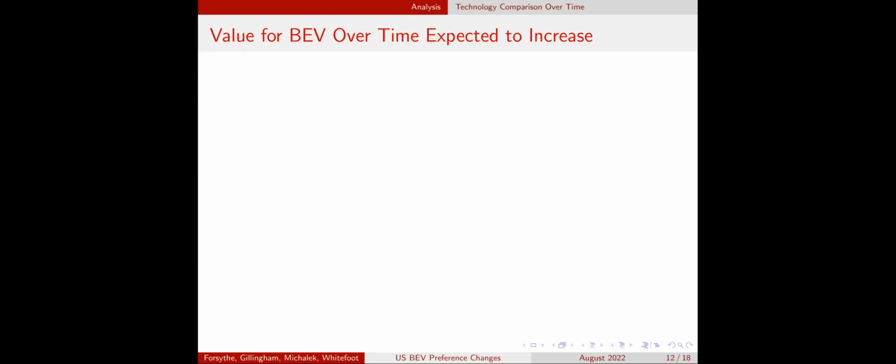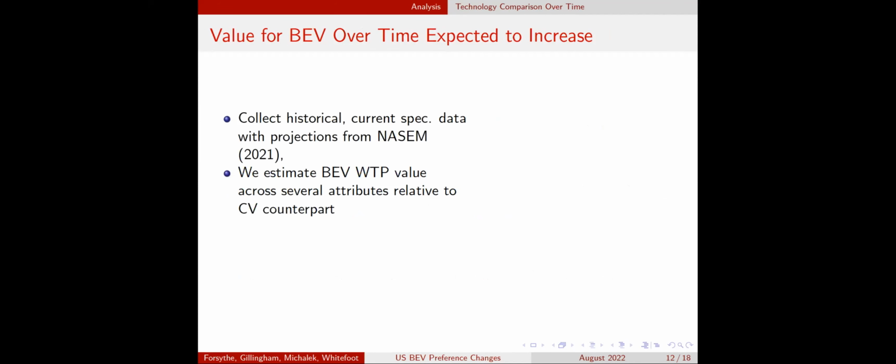And the technology has changed over time, at least for the small subset of vehicles that were available throughout the entirety of these studies. So we collect historical specification and current specification data for a few head-to-head comparisons of vehicles that come in both battery electric vehicle versions and conventional or gas-powered vehicle versions.